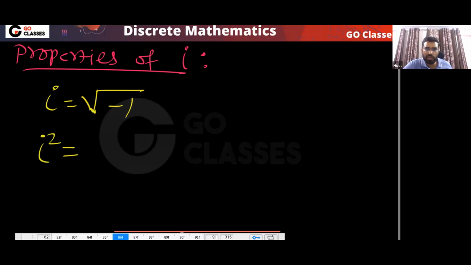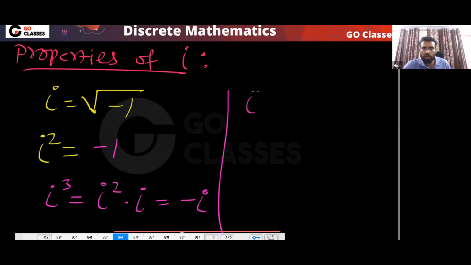What will iota cube be? That will be iota square into iota, so minus iota. What will iota power 4 be? That will be 1, because iota power 4 means iota square into iota square, and iota square is minus 1, so this will be 1. So iota power 4 is 1.